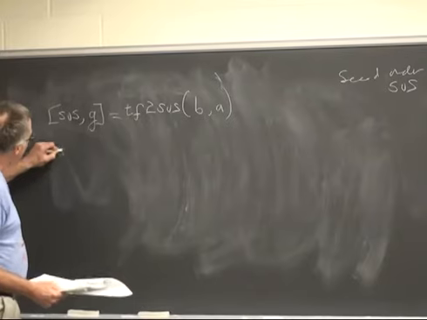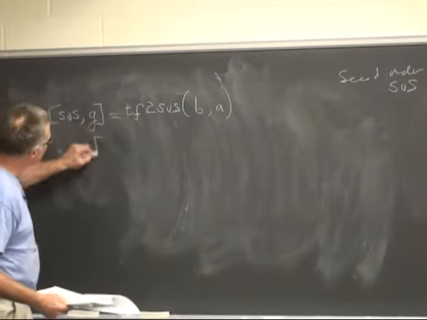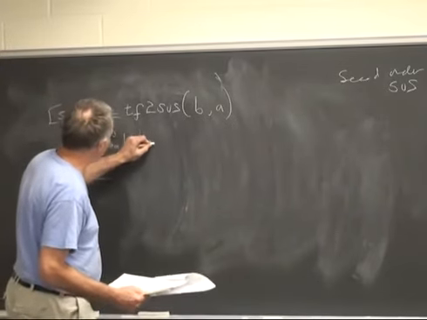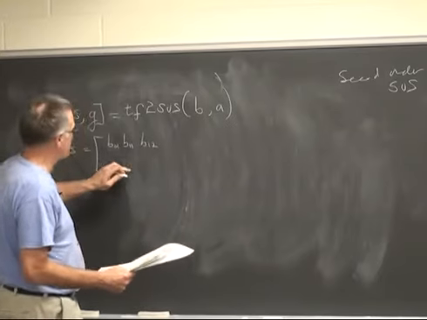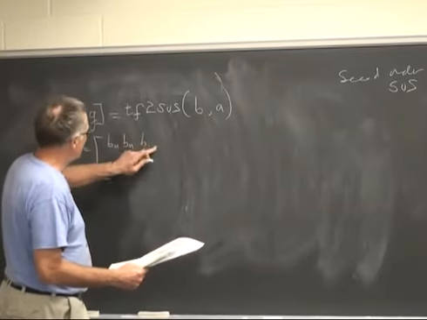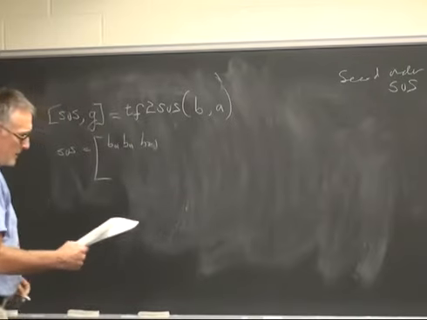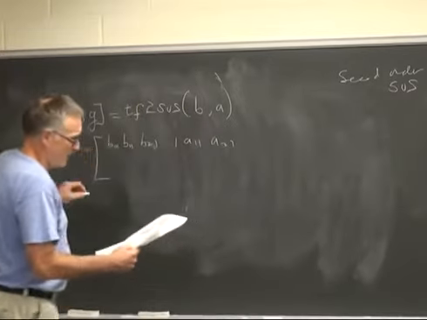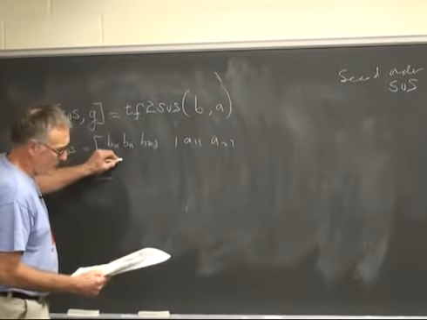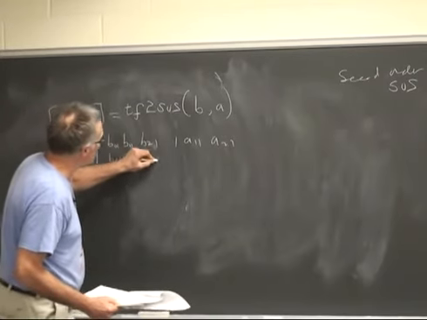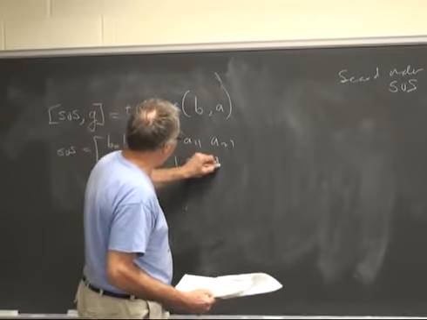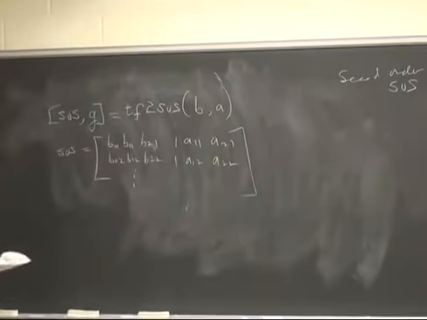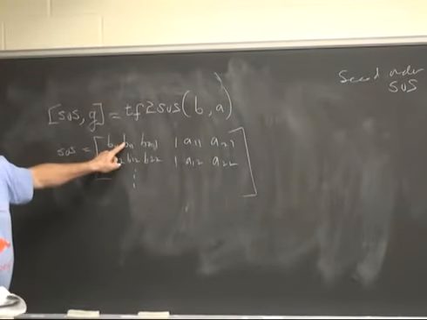So the SOS structure is a matrix of B01, B11, B12, 1, A11, A21. The next row is B02, B12, B22, 1, A12, A22, and so on. So every row of this constitutes a new filter.